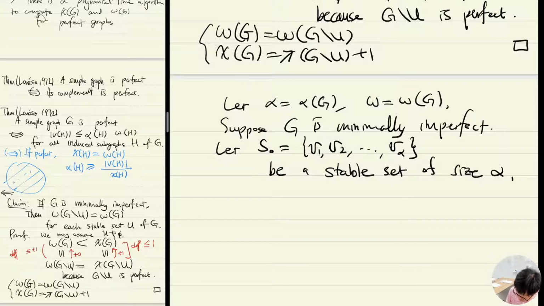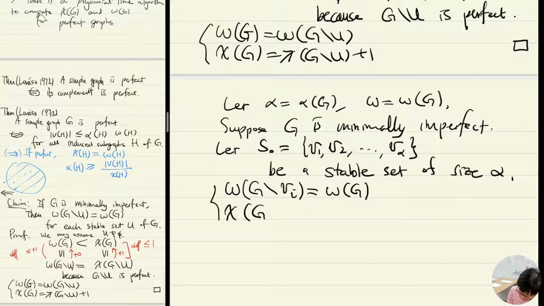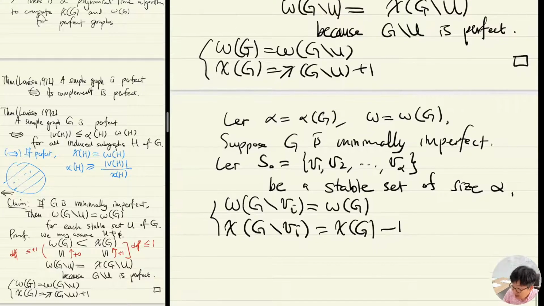Now, I know that omega of G delete Vi is equal to omega of G, and the chromatic number of G delete Vi is equal to the chromatic number of G minus 1, by the same reasoning. And these two are equal because the graph is minimally imperfect. So when you delete Vi, the graph becomes perfect.